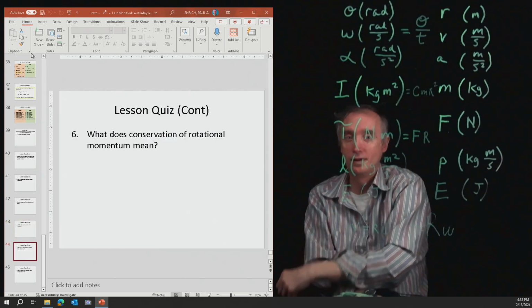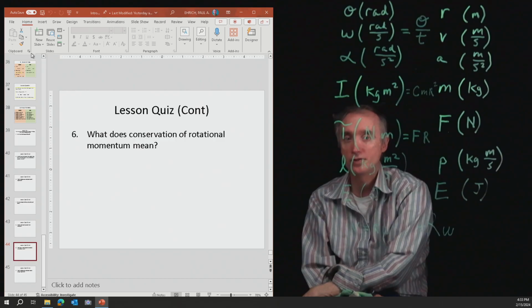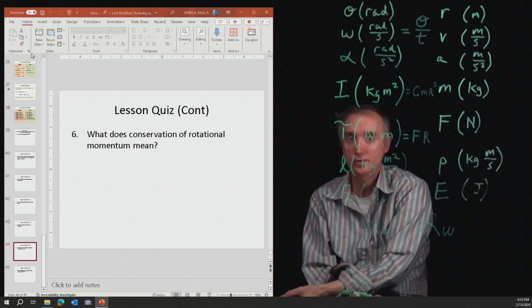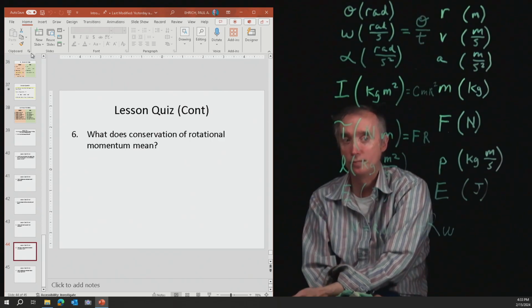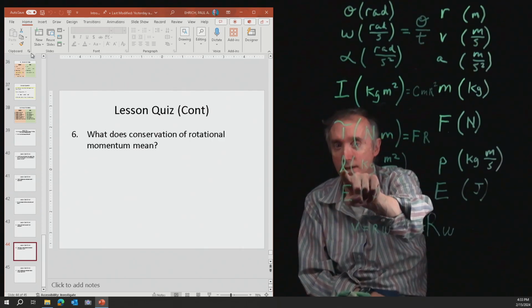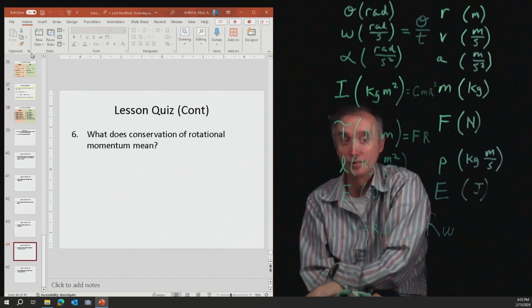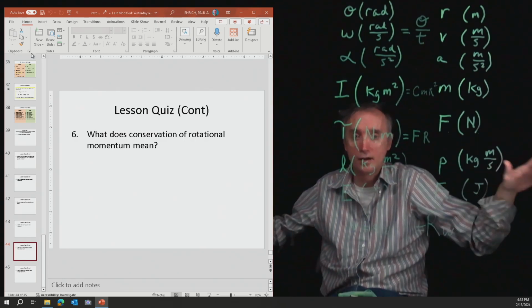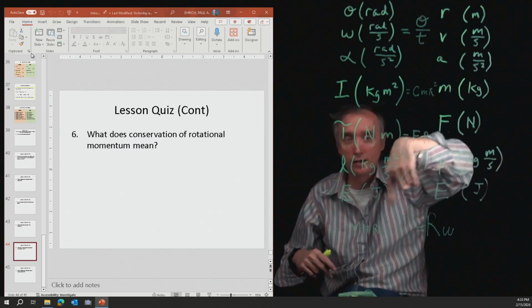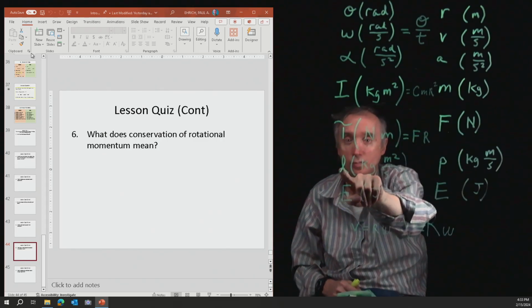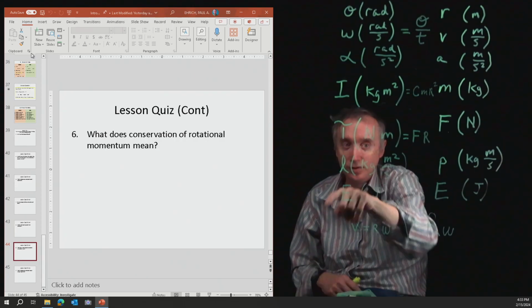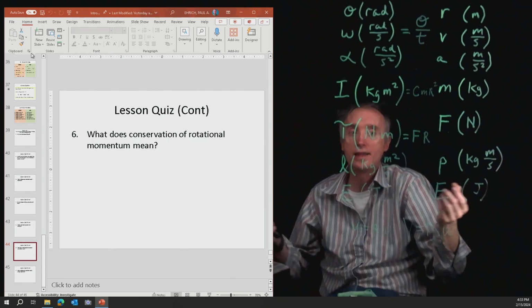Number 6, what does conservation of rotational momentum mean? You can't create or destroy rotational momentum. So whatever momentum you start with, that's the momentum you have to end with. So if you're an ice skater and you've got your arms out like this and you're rotating around, you could calculate your angular momentum, and that's a number.